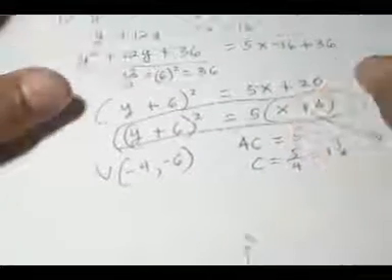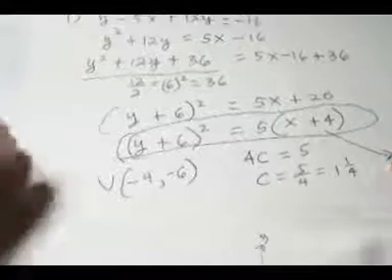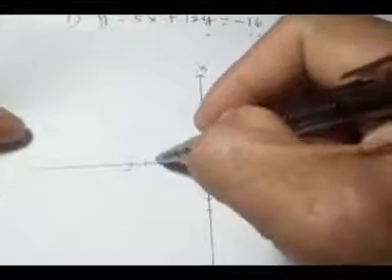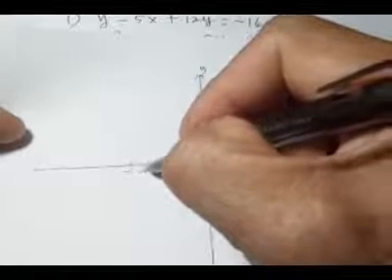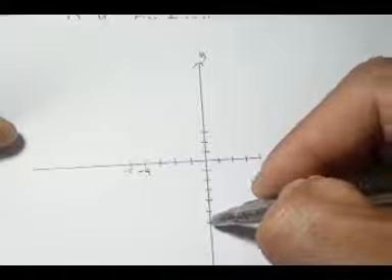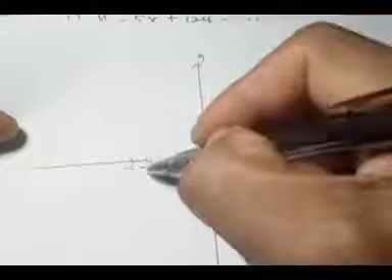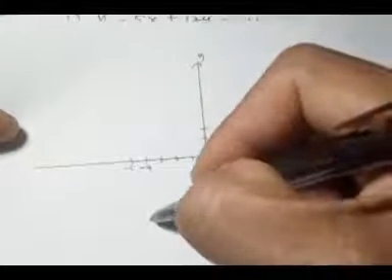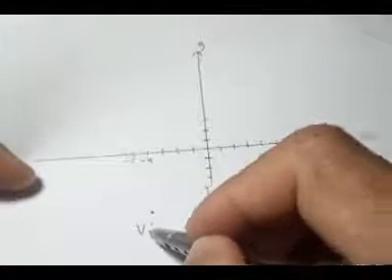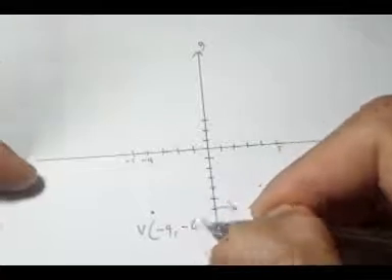So let us locate the vertex, negative 4 and negative 6. This is 1, 2, 3, 4. This is negative 4, negative 6: 1, 2, 3, 4, 5, 6. So our vertex is somewhere here. The vertex is negative 4, negative 6.